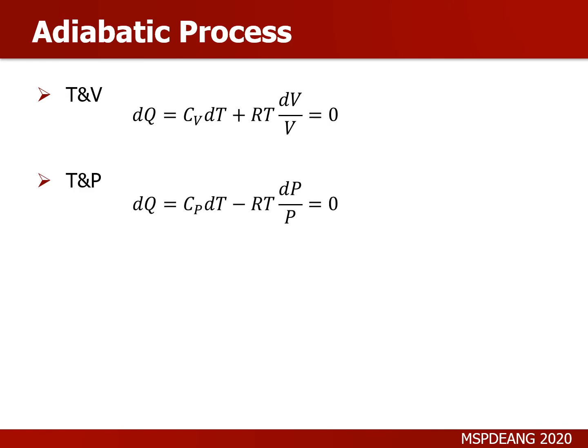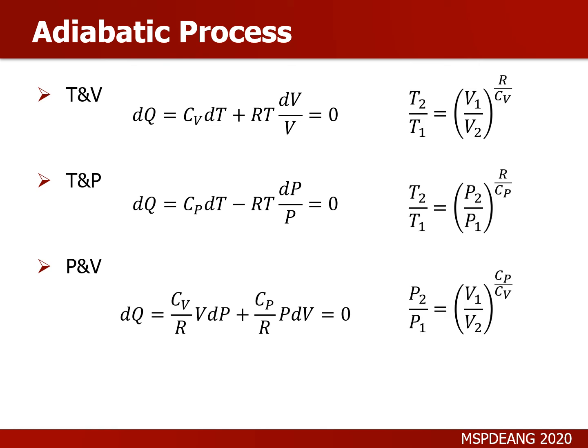And if you do this for the other scenarios, T and P, and P and V, and integrate both sides of all of these equations, you'll get the following expressions. T2 over T1 is V1 over V2 raised to R over Cv. T2 over T1 is P2 over P1 raised to R over Cp. And P2 over P1 is equal to V1 over V2 raised to Cp over Cv.